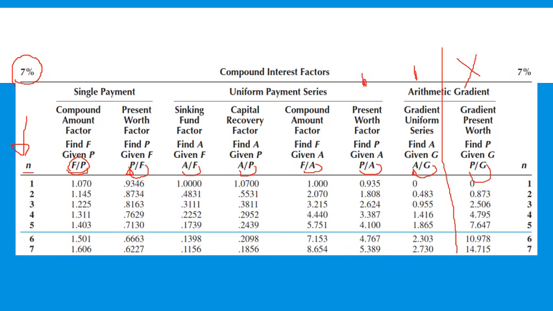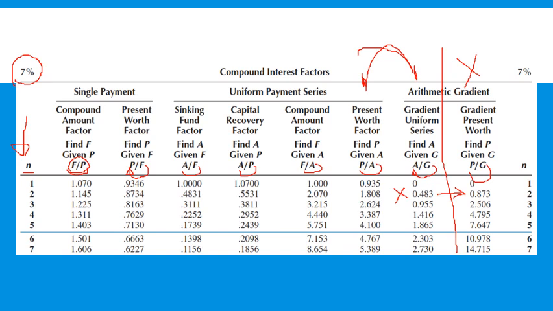It is available here. When you multiply these two columns, you can see that here 1.808 multiplied by 0.483 gives 0.873. This multiplied by this, you will get this answer. It has been obtained like that.